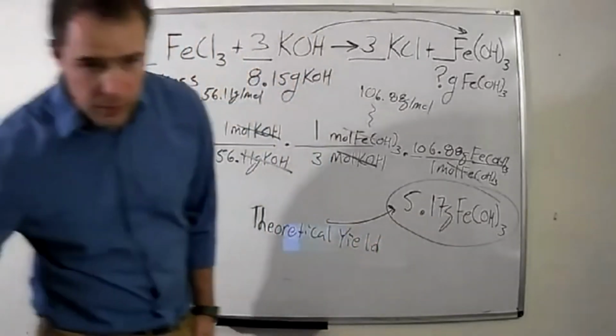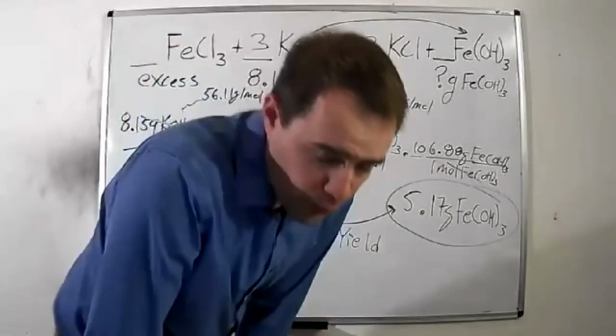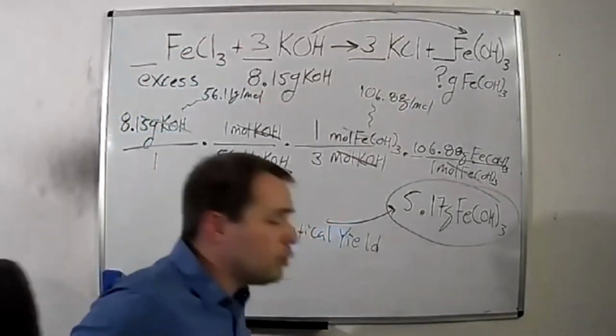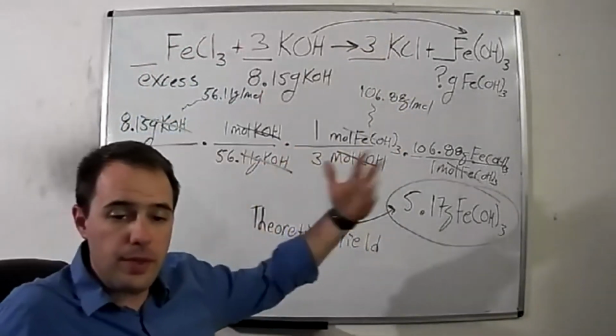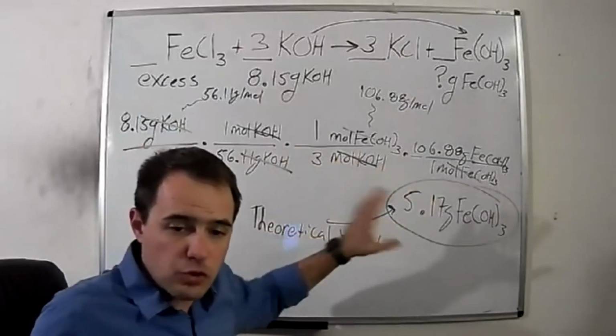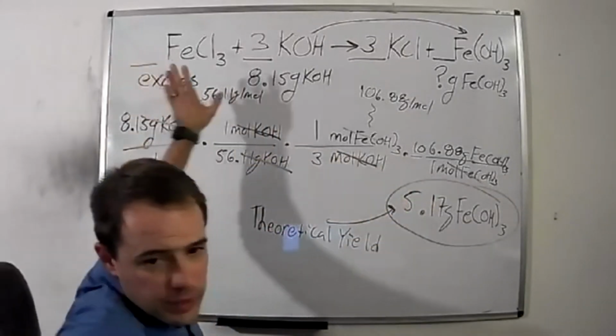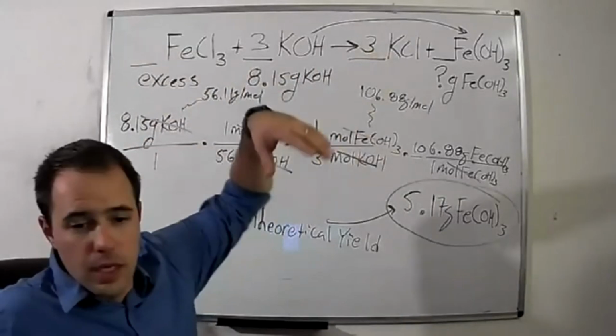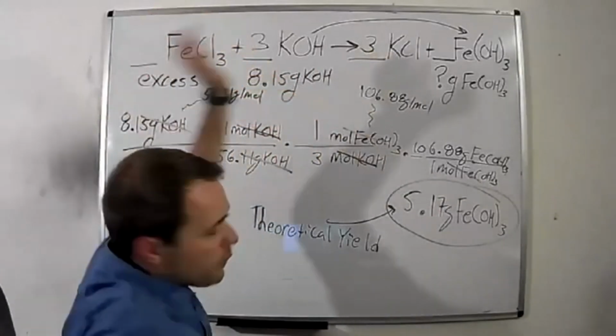The theoretical yield is the mass of the product that you should be able to make in theory. This is assuming the reaction goes completely as it's supposed to, assuming the reaction goes perfectly.